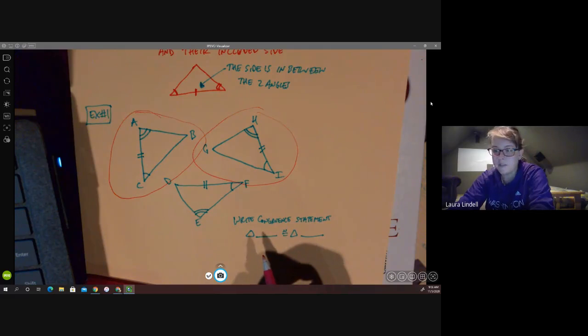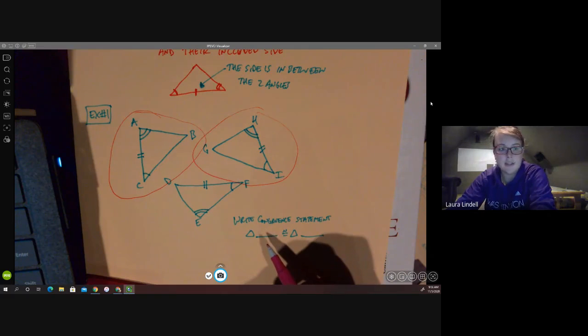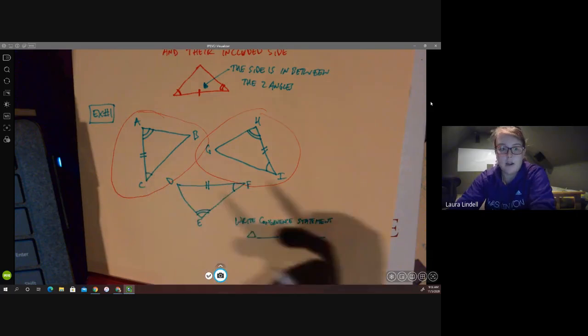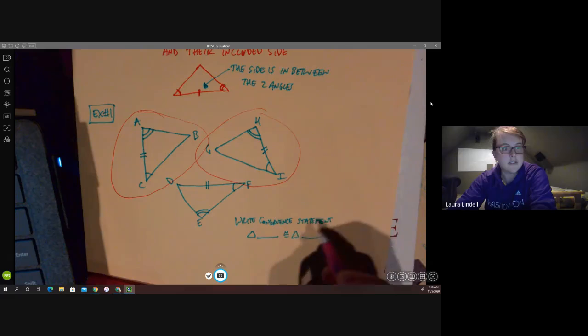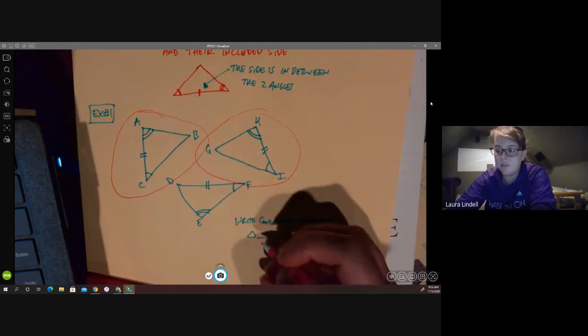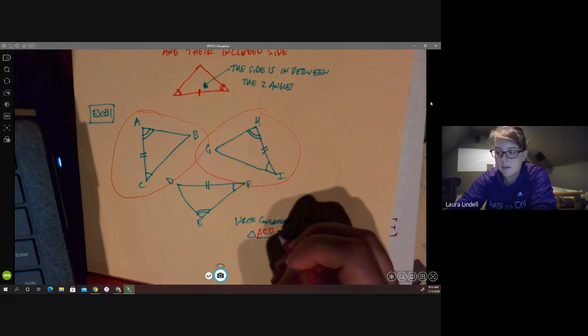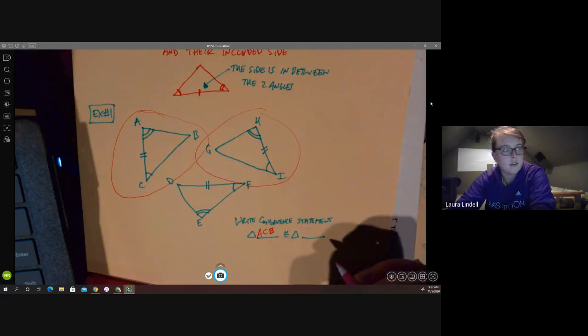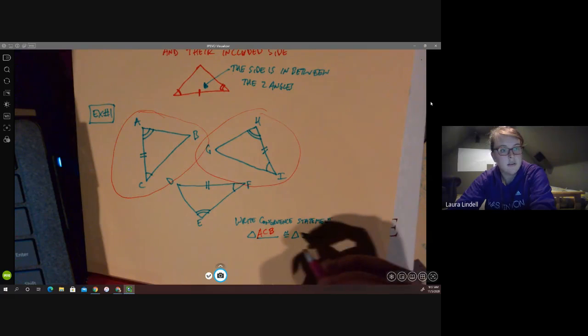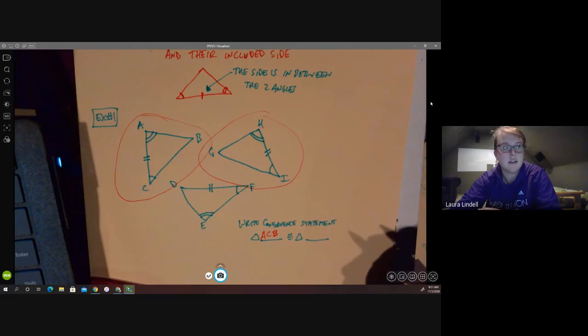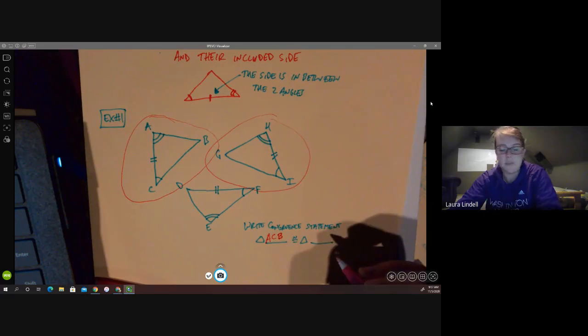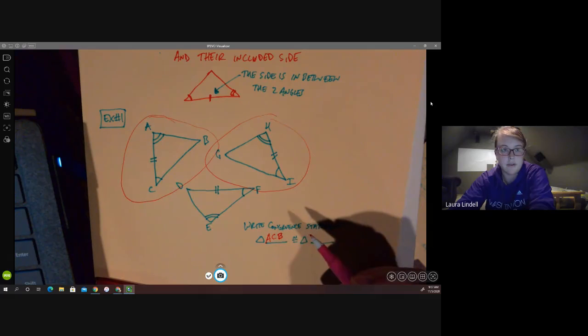So since that's the case, remember, just like with last time, it doesn't matter which letter order you write on the first one, as long as the second one matches it. So if I want to go ACB for my first one, I can. But on my second one, I need to make sure it matches. And the nice thing with ASA and AAS is that it's really easy to match up the letters based on the angles that go together.